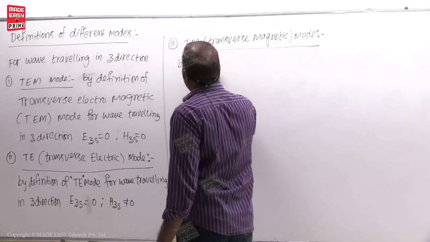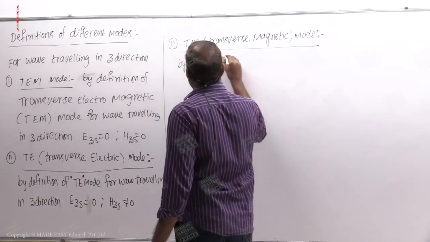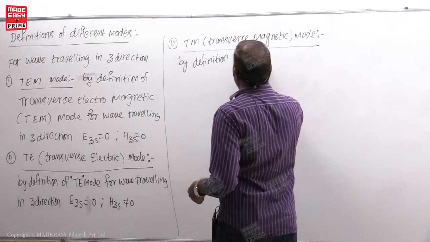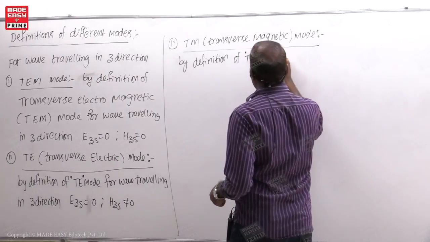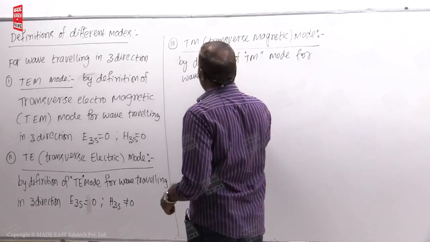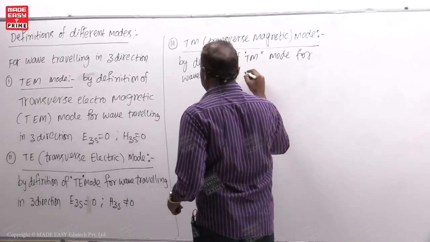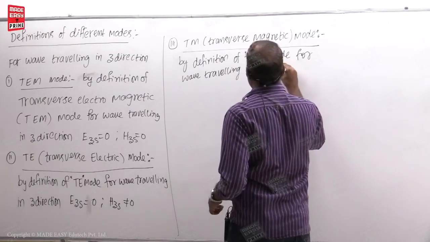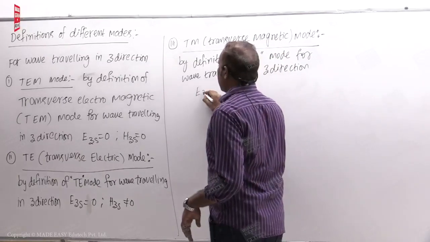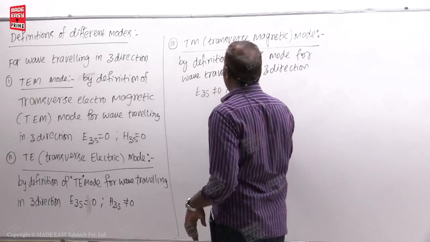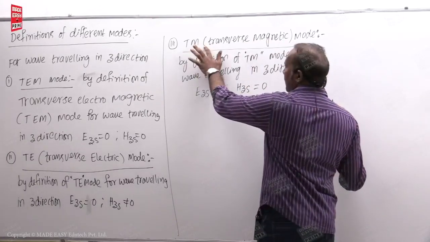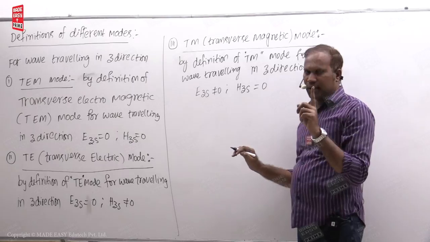By definition of TM mode, for a wave traveling in z direction, EzS is not 0, but HzS must be 0, because transverse magnetic means the magnetic field should be 90 degrees to the wave propagation direction.